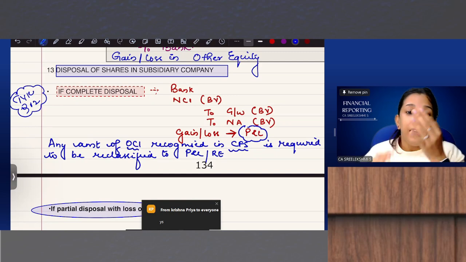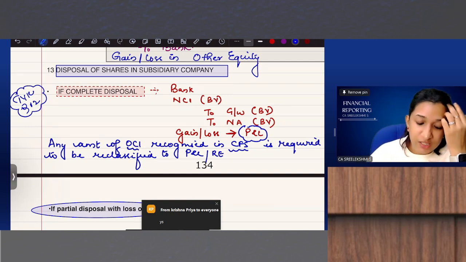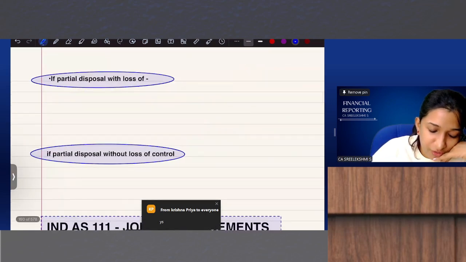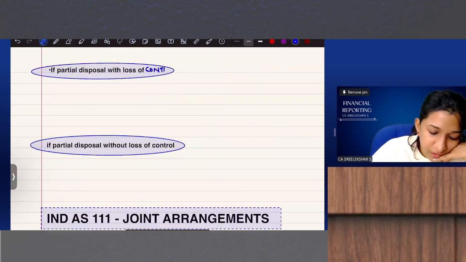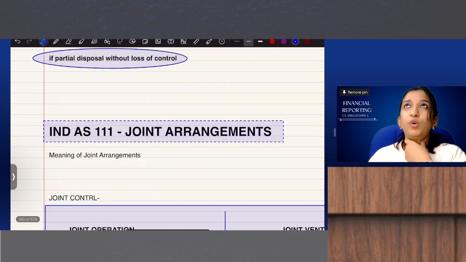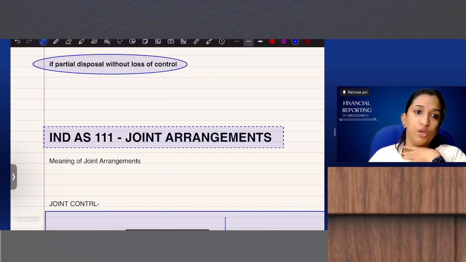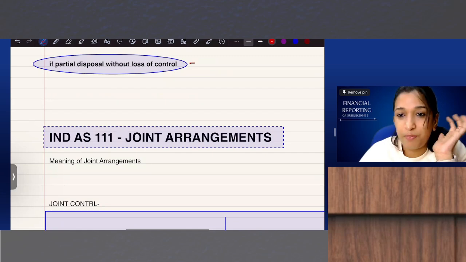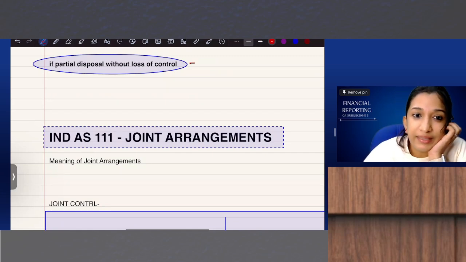What if it is partial disposal, with loss of control, without loss of control? Let me take without loss of control first. I had 90%, I just sold 10%. Then what will be the entry?